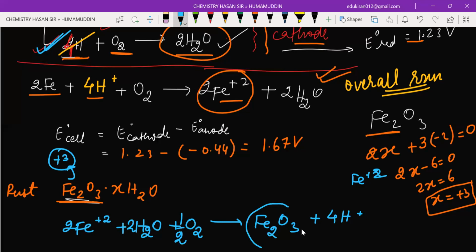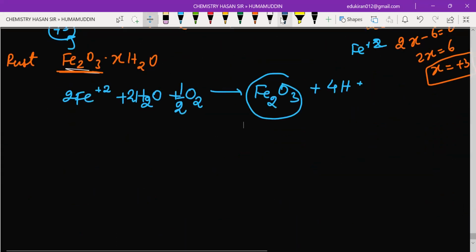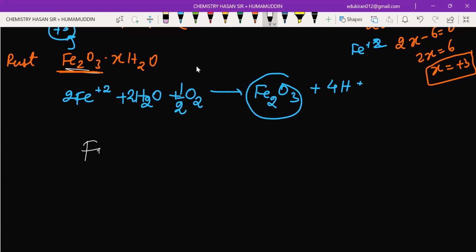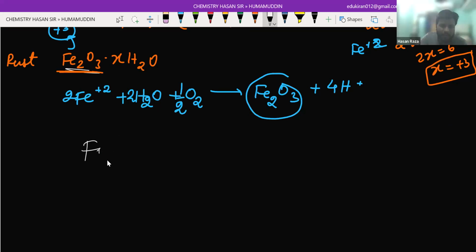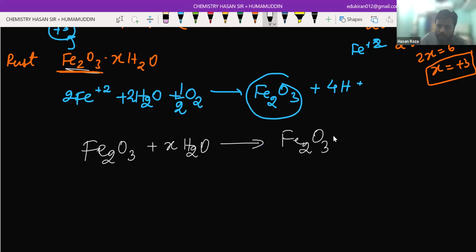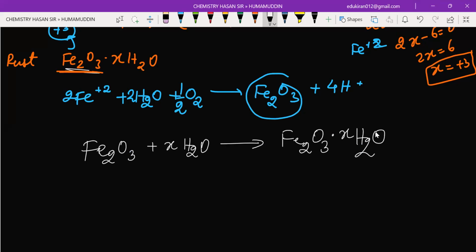Now here this Fe2O3 formation took place, and this Fe2O3 will again come in contact with X molecules of water and then rust forms: Fe2O3 dot XH2O. Got it, both of you? Yes, sir. Please do write it.